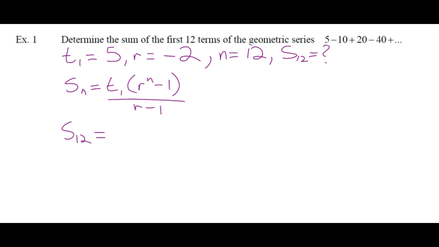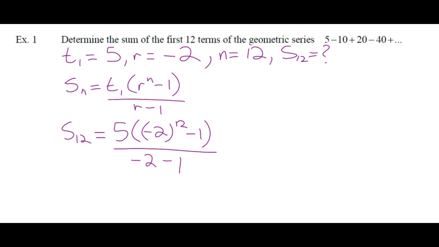S12 is equal to t1, so that's 5, times -2 in parentheses, because that's the quantity -2 that you are going to raise to the power of 12, over -2 minus 1.